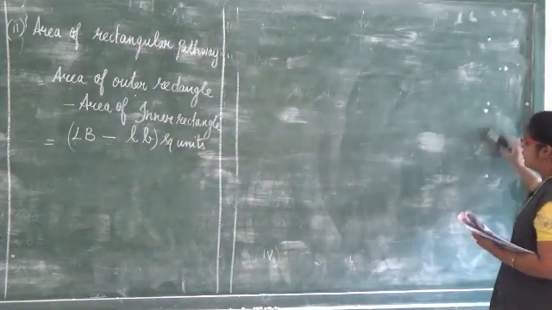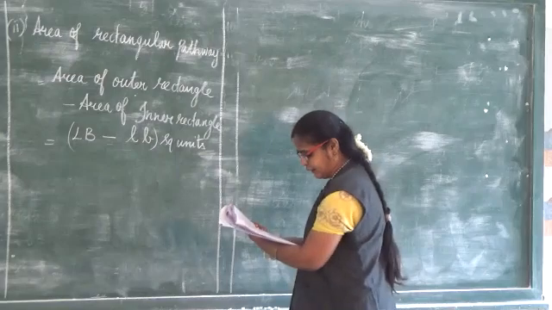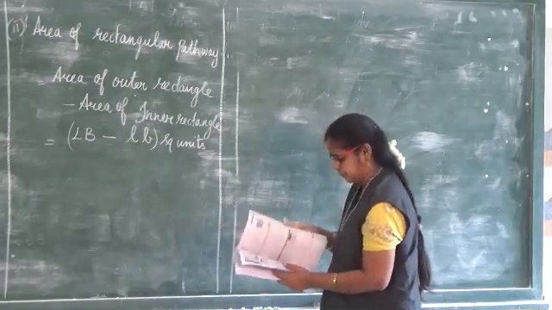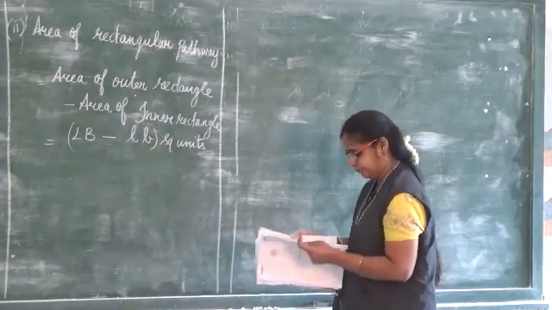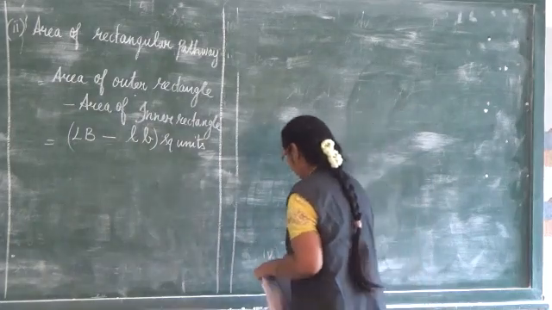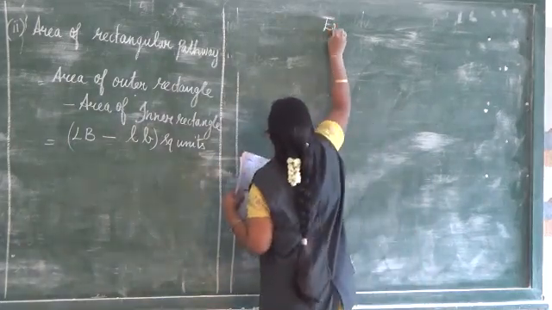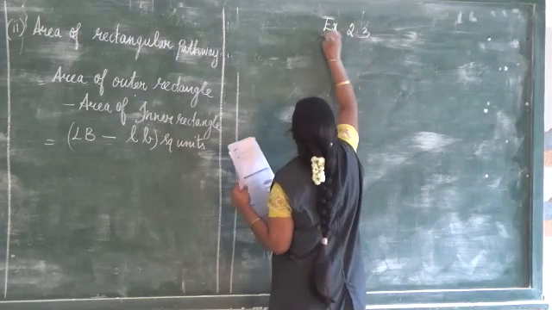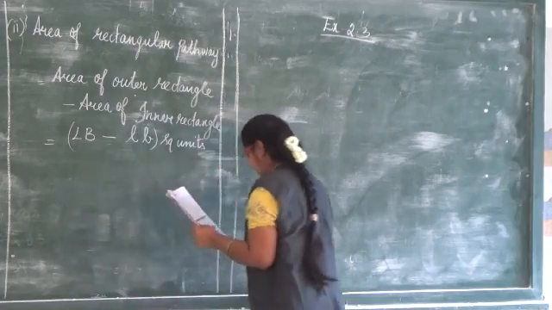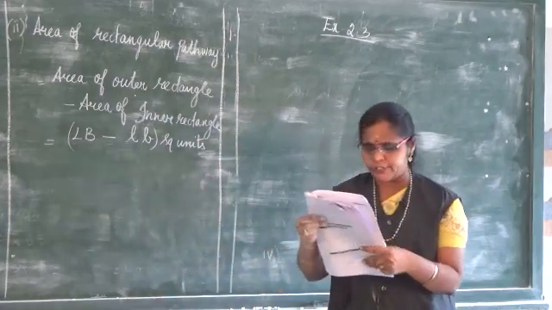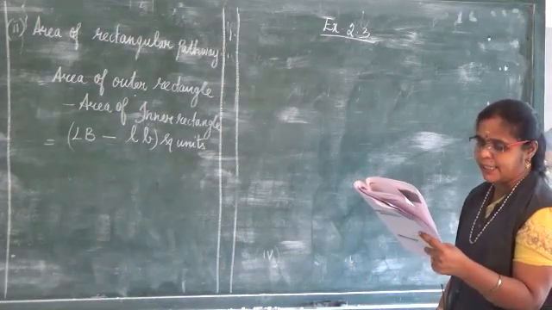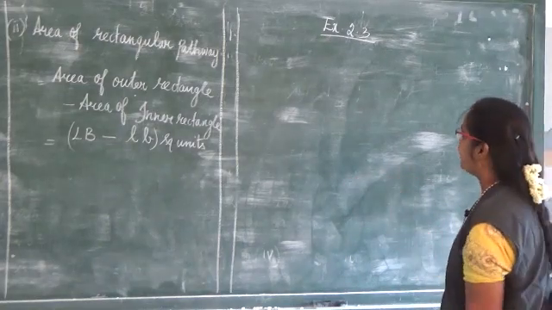Exercise 2.3. Problem number 1. Find the area of the circular pathway whose outer radius is 32 centimeter and inner radius is 18 centimeter.